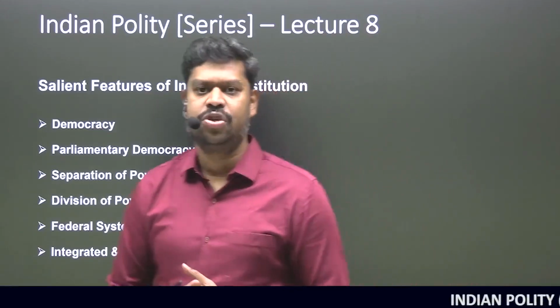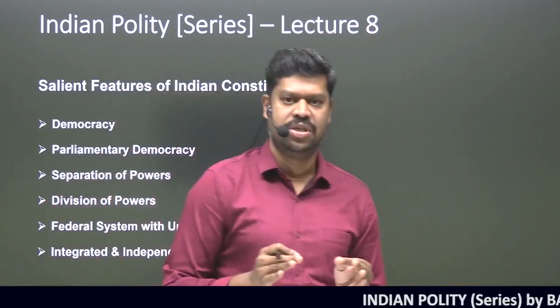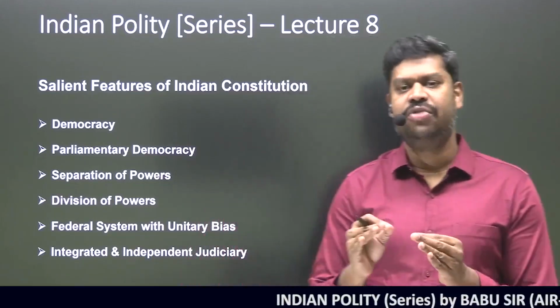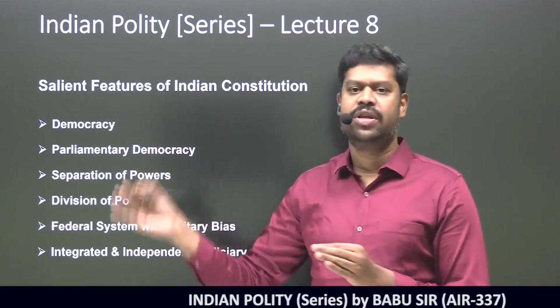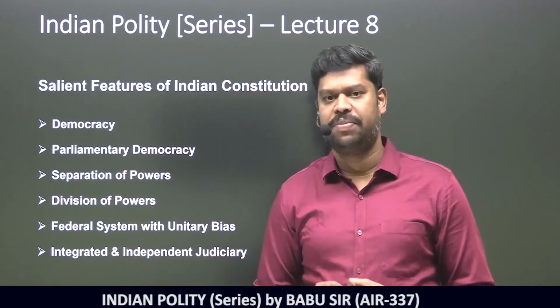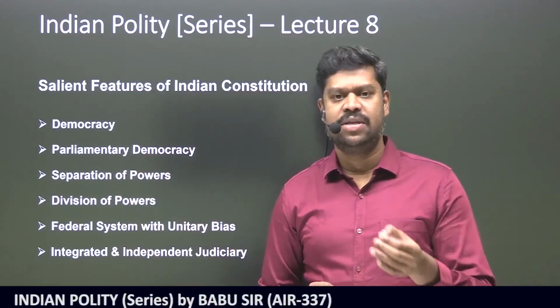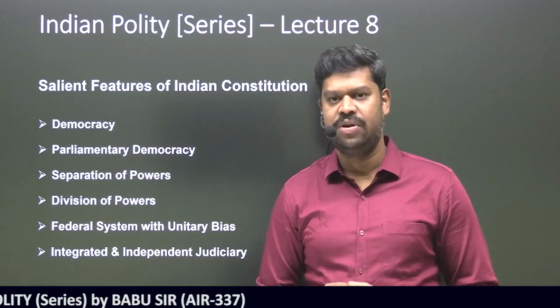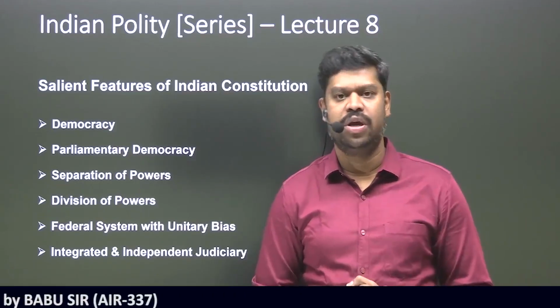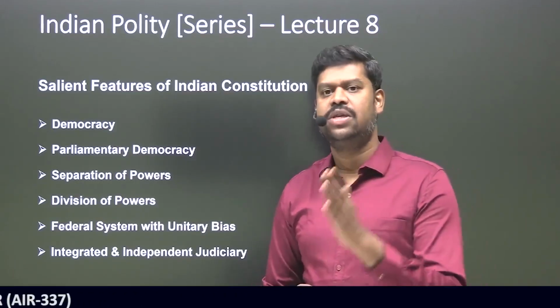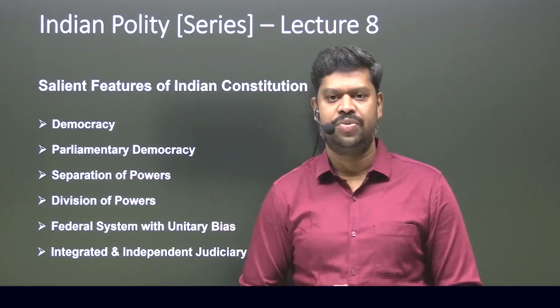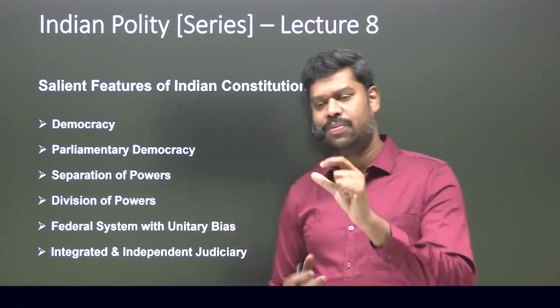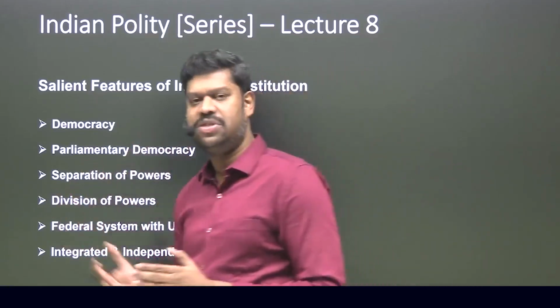And our Constitution says India is a democracy, which means the idea of democracy is reflected in a number of areas in the Constitution. Take the example of the preamble. The preamble says, we the people of India having solemnly resolved to constitute India into a sovereign, socialist, secular, democratic republic. And this word democratic or democracy is reflected in a number of other provisions as well.